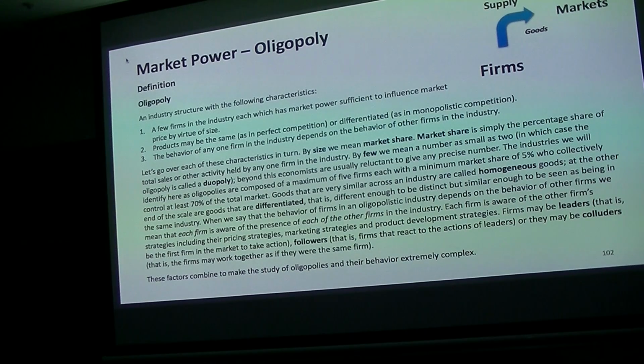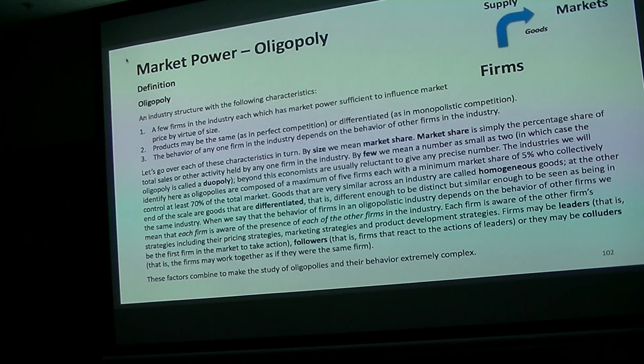It's a very important thing in an industry. It tells us how much control a firm has over the market. Of course, if it's a monopoly, then the monopolist has 100%. That's what a monopoly means. There's only one firm, and they have 100% market share.